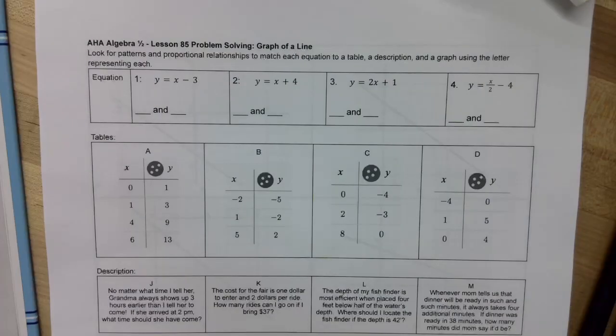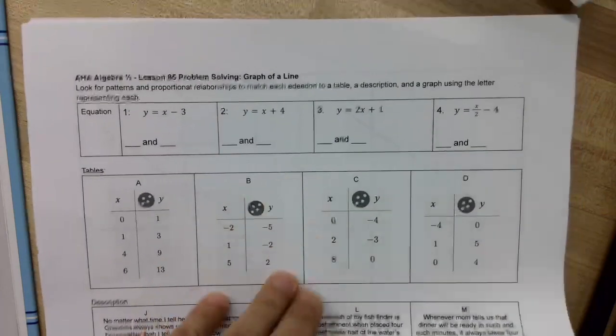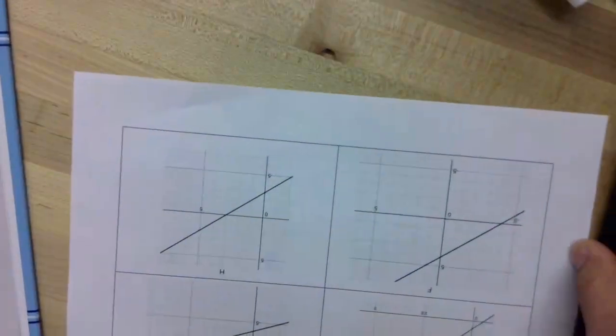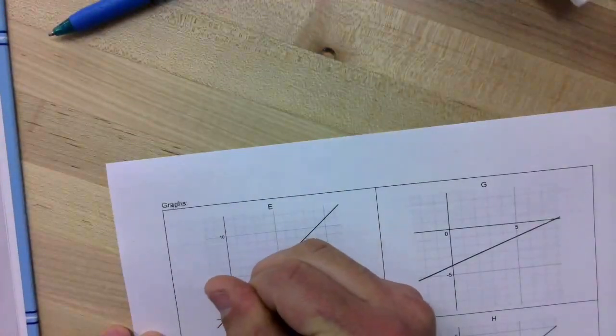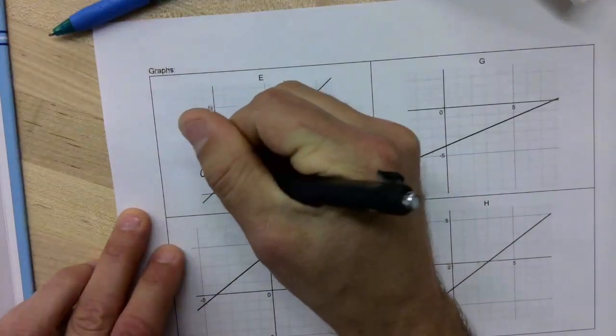Let me go back over what I was speaking to Jeremiah about. He made a great point that here lies the point 0, 1.